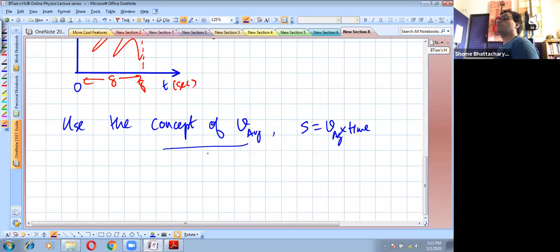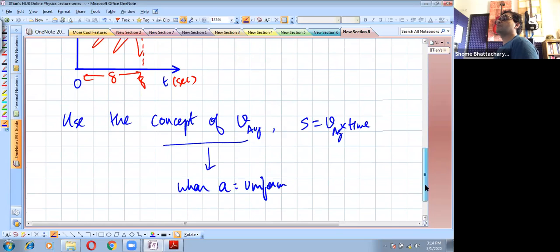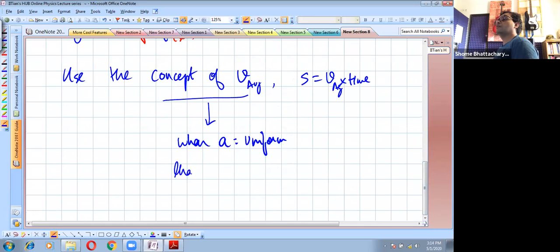Now the most important thing about average velocity is when acceleration is uniform, then we can write the average velocity simply as u plus v by 2. We can make use of this concept along with this one.